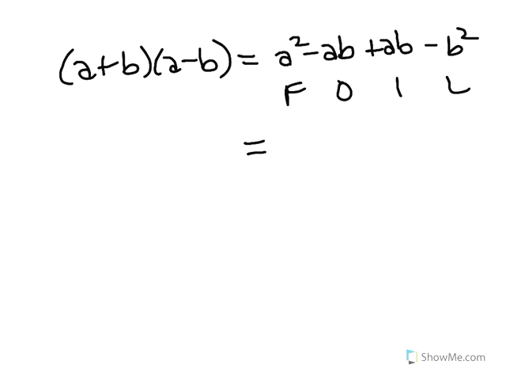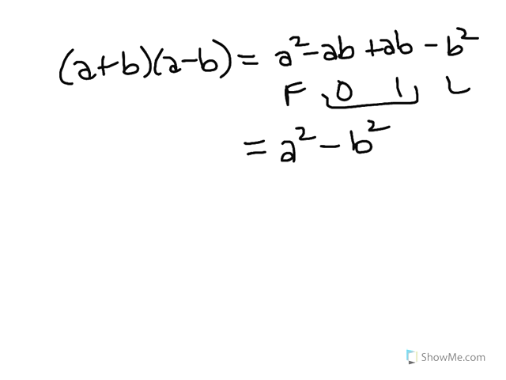As usually is the case with the FOIL method, the two terms in the middle are like terms, and can be added together. The tricky thing about these is that those middle terms cancel out. They simply disappear from the problem. Negative ab and ab are opposites. They add up to 0. So the result of this product is always going to be a squared minus b squared.